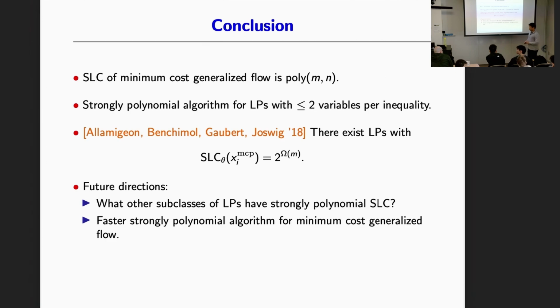The other direction is to give a faster strongly polynomial algorithm for the generalized flow problem. The current one relies on the interior point method of Allamigeon et al., which is quite slow. So it would be interesting to come up with something that's fast, strongly polynomial, and maybe combinatorial, meaning you don't rely on continuous optimization methods. That's all that I have to say. Thank you very much.